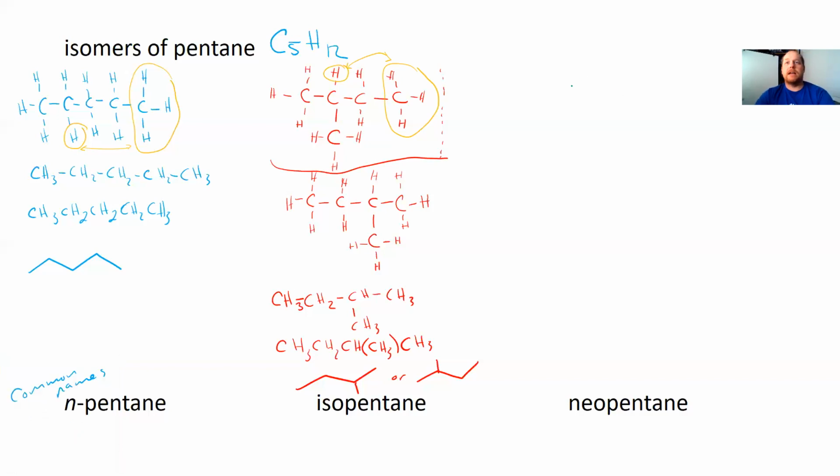So neopentane now has 3 carbons in a row and then 2 carbons attached to the middle one, for a total of 12 carbons.